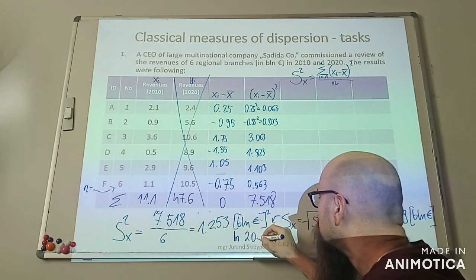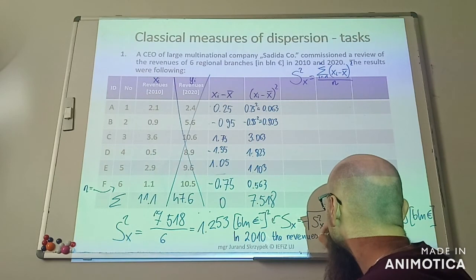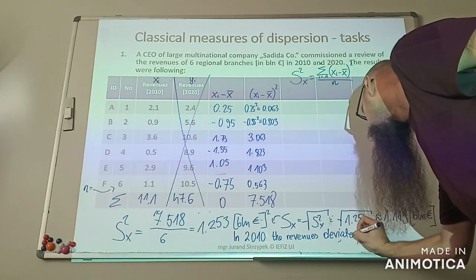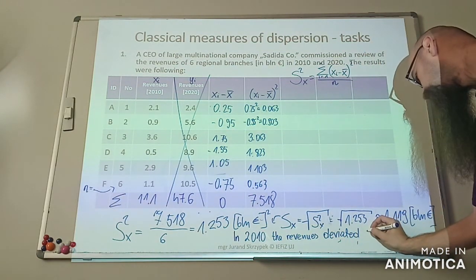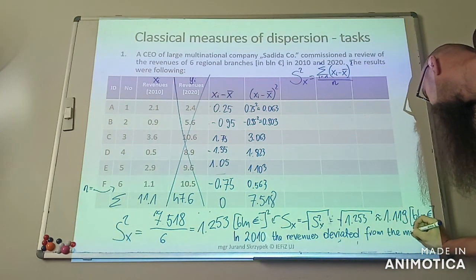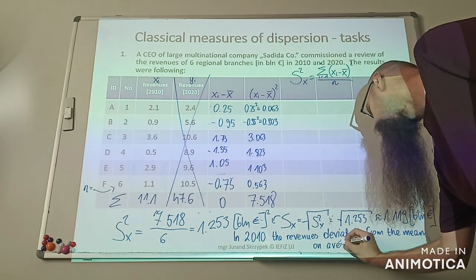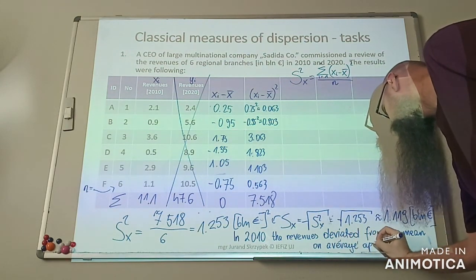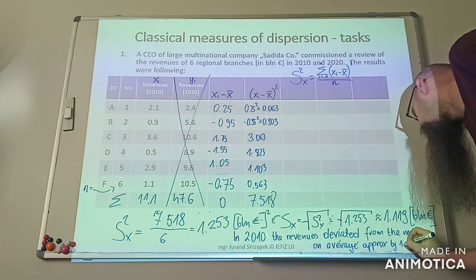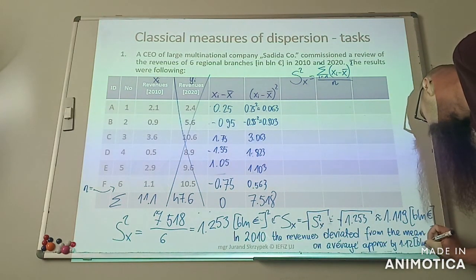In 2010, the revenues deviated from the mean on average approximately by 1.12 billions euros.